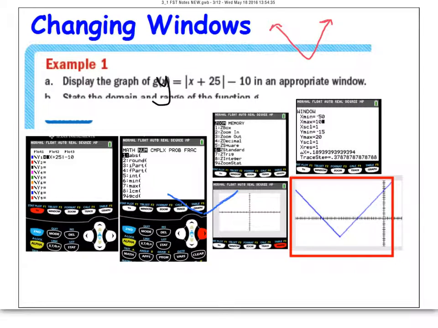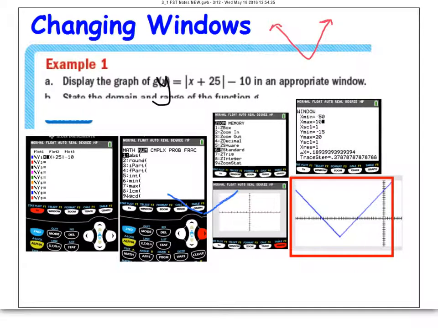To adjust your window, what you're going to do is hit window, and this screen's going to come up. Let me show you what I chose. For the x's on the negative side, I chose to go all the way over to negative 50. Now remember, I want to keep some of the y-axis here, so I didn't cut it off so I can't see it. So I said, give me the x's at a positive 10. So I still did keep this side of the window.